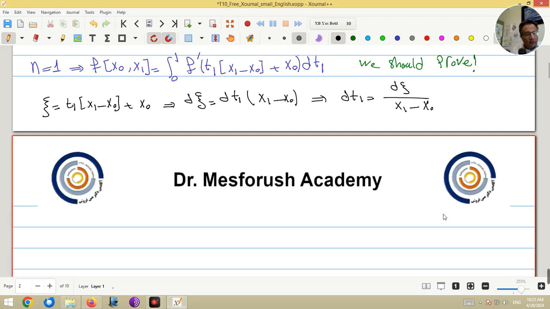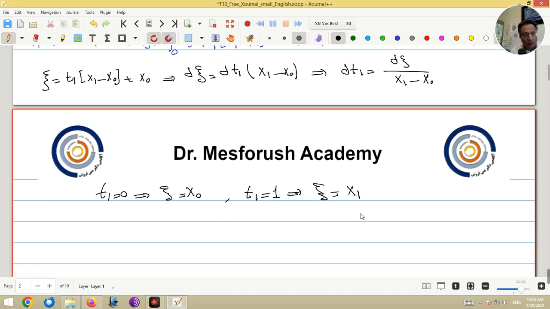The other one, we have to change the bounds of the integral. If t1 is equal to 0, then xi should be equal to x0. And if t1 is equal to 1, then xi should be 1 times (x1 minus x0) plus x0, so it should be x1.